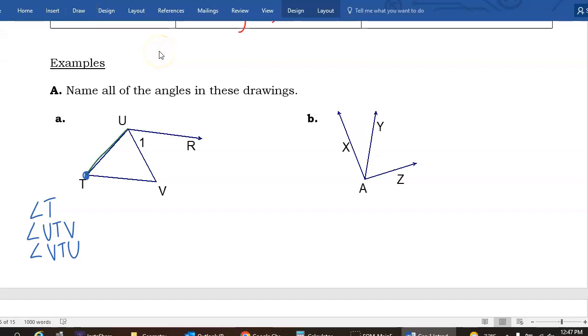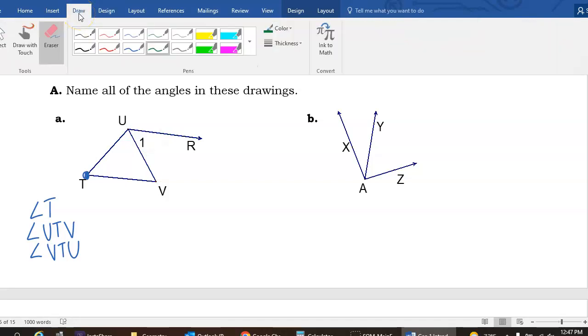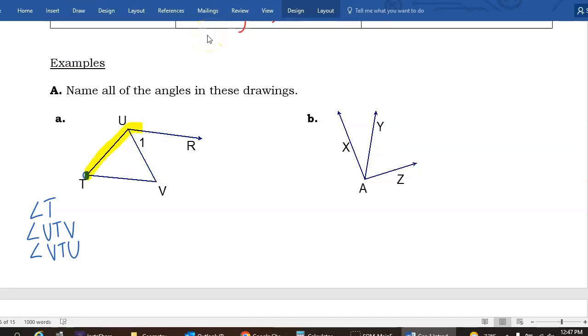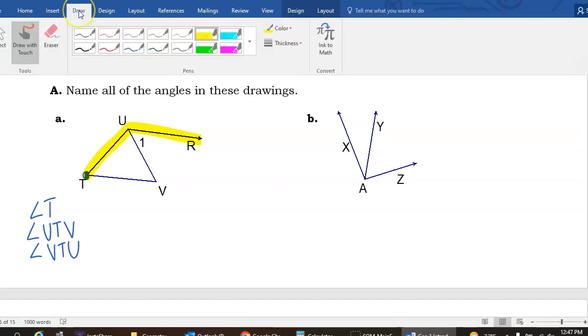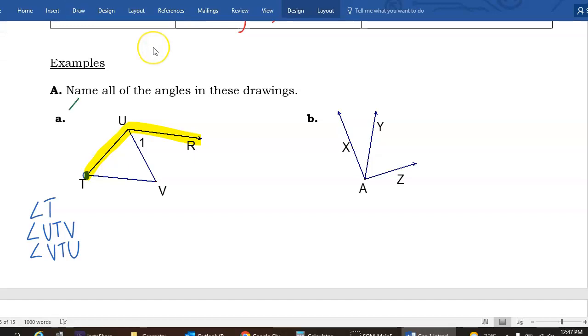I have angle U here, but I have a different angle U here, and I actually have a third angle U right here. So how can I mark these out? Let's try highlighters. Okay, so let's go in yellow. I'm going to call this angle TUR or angle RUT.